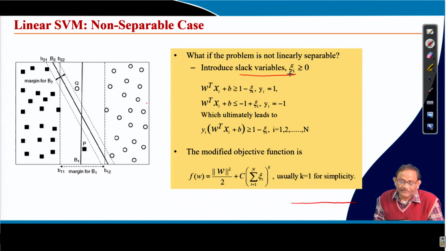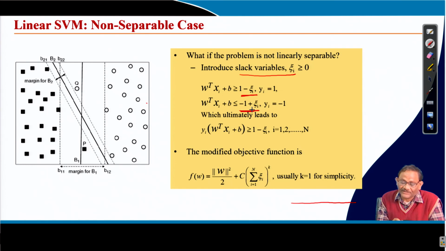So the slack variable is introduced: for the positive samples, the slack value will be subtracted. For the negative samples, the slack value will be added. So that means the equations of the two margin edge hyperplanes are now adjusted with the help of the slack variable, which is subtracted for the positive sample and added for the negative sample.